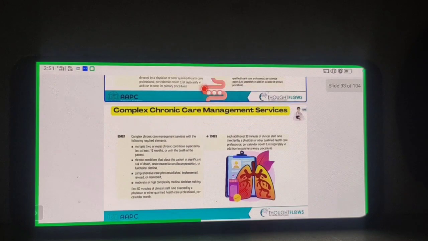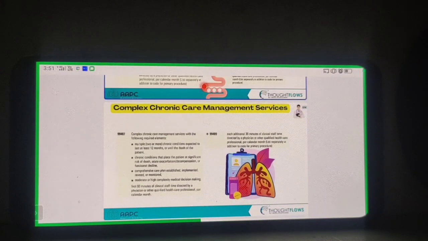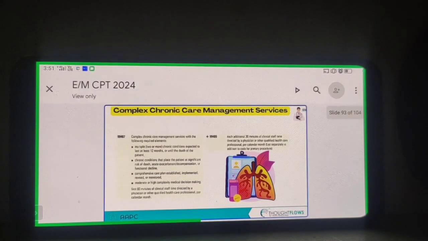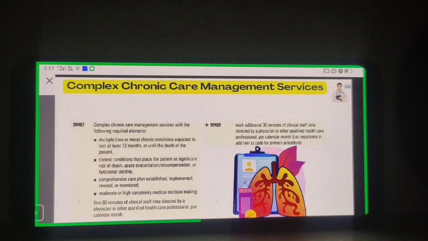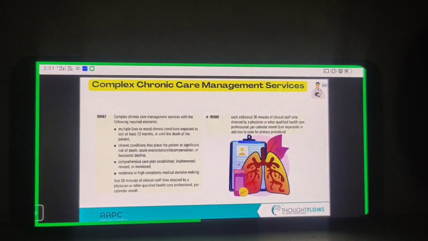And this is a core section for complex chronic conditions. Complex chronic condition is nothing but a condition that is now in a severe stage. So that is complex chronic care management service. Don't worry, the doctor directly denotes the severity. The term complex denotes the severity of the condition.